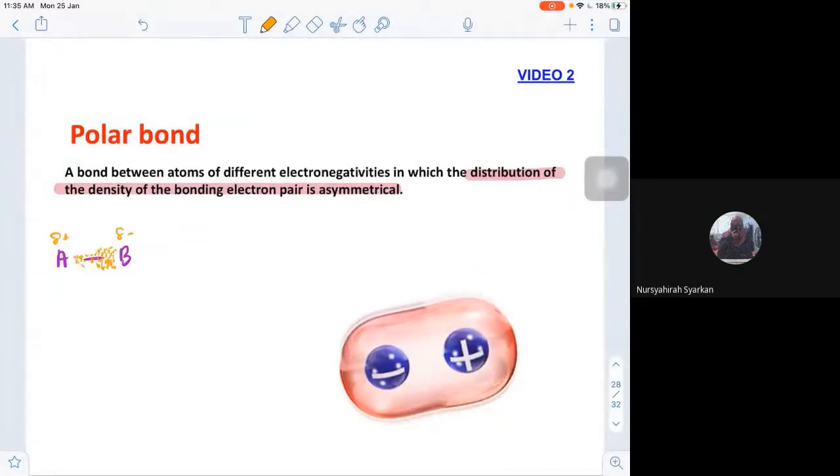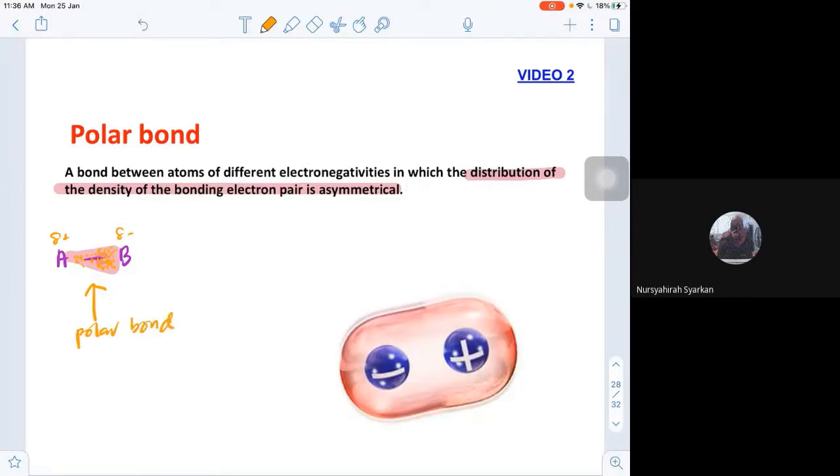It will make the bond become asymmetrical, because the distribution of the electron is not balanced. So due to this asymmetrical distribution of the electron density, we say that the bond is a polar bond.